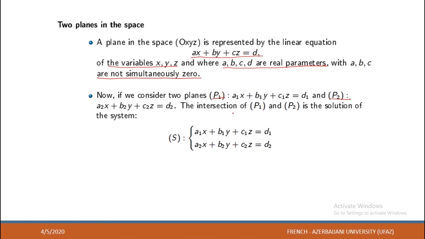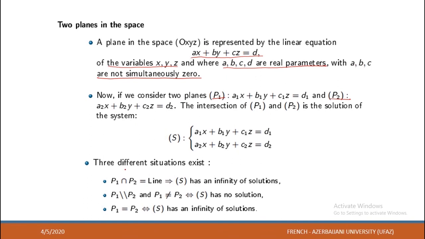So, the intersection of P1 and P2 is the solution of this system. Then we can say that if the two planes intersect, then S has infinitely many solutions. If these two planes are parallel, then the system has no solution, and vice versa. If these planes are the same, then the system has infinitely many solutions.